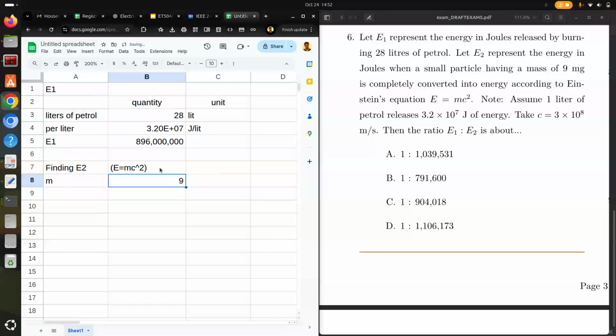M should be in kgs. The mass is in milligrams, so divide by 1000 to become grams, and divide by a further 1000, three more zeros, to become kgs.